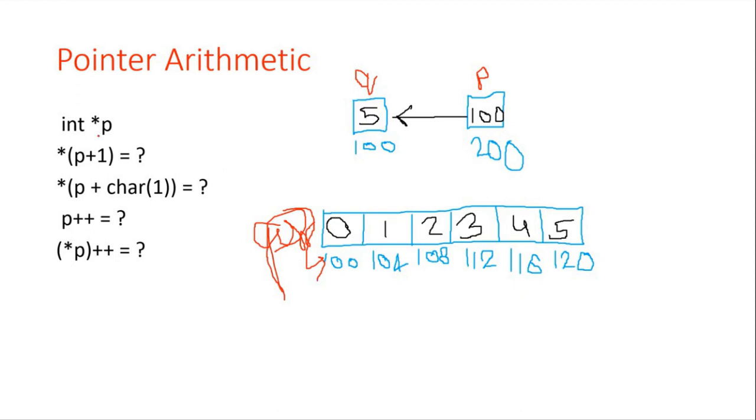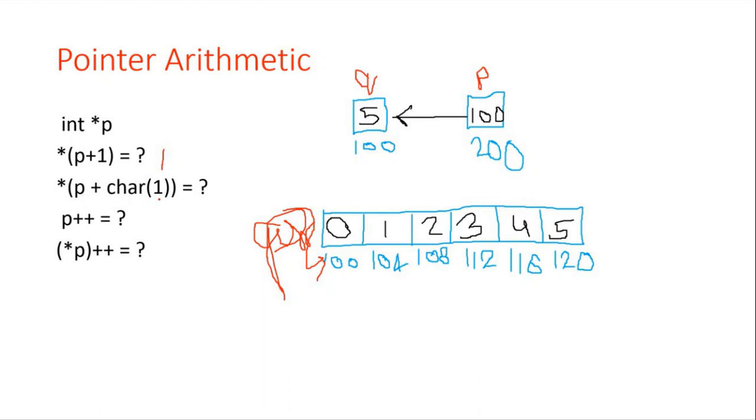Size of 1 means 4 bytes, because this is an integer pointer. Now p is pointing to 100, and when we increment, it advances from 100 to 104, and when we take pointer p plus 1, it will give 1 here.